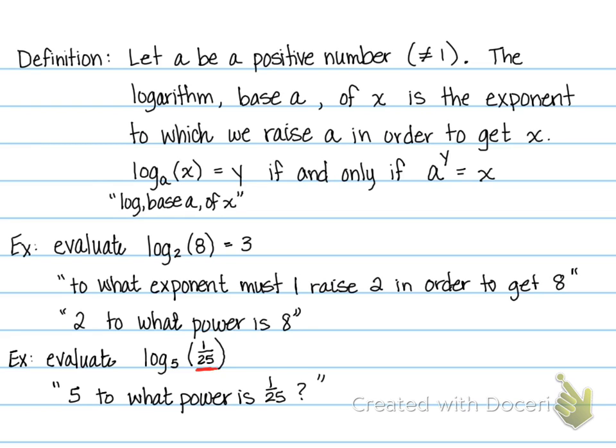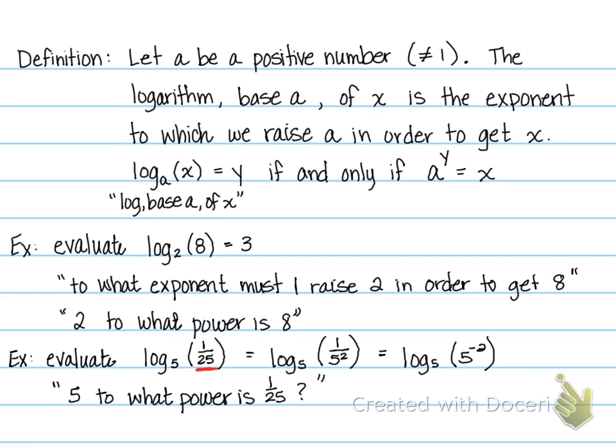So this is the same as log base 5 of 1 over 5 squared, which is the same as log base 5 of 5 to the negative 2.